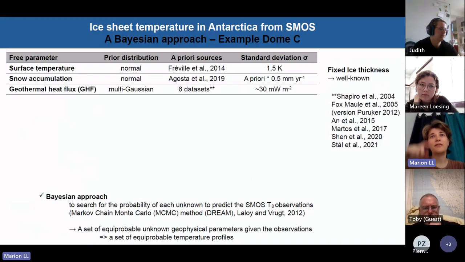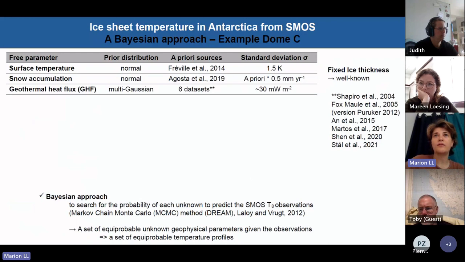Like this, each data set is a peak in the distribution. We can see the list of the data sets that I use on the right side. So this is a Bayesian approach. We search the probability of each node to predict the SMOS observation, and so at the end we have a set of equiprobable temperature profiles.